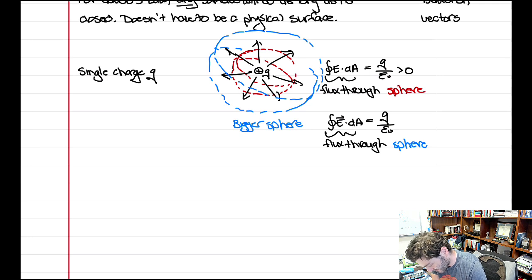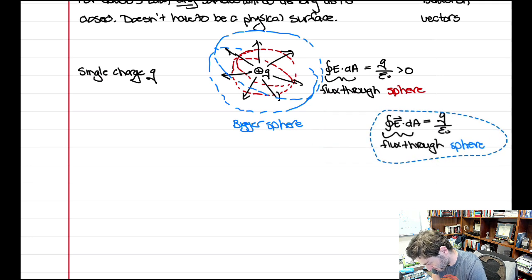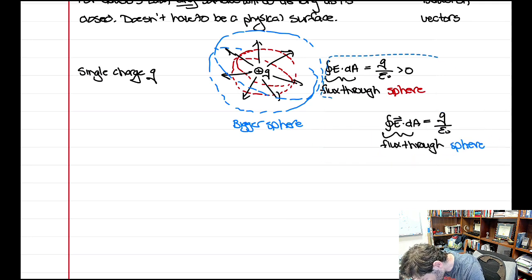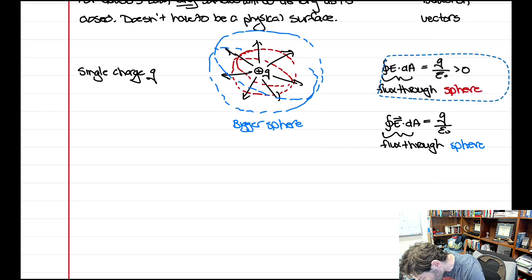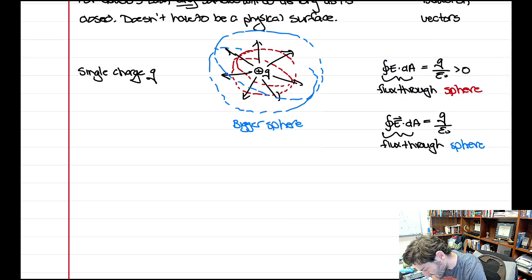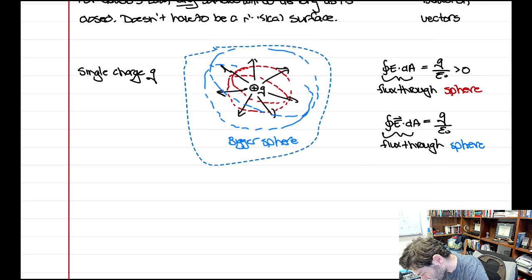And then here's where it gets even more cool. Let me move these over. So suppose I have, we're going to draw spheres. Let's move this and everything down a little bit.